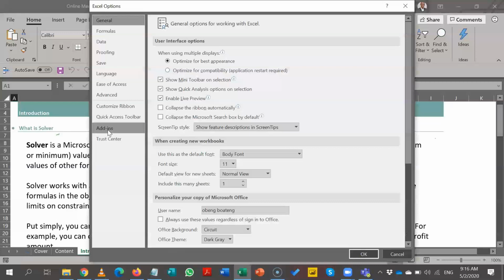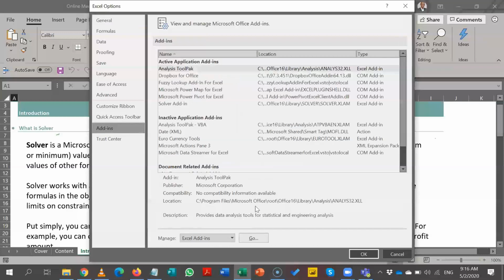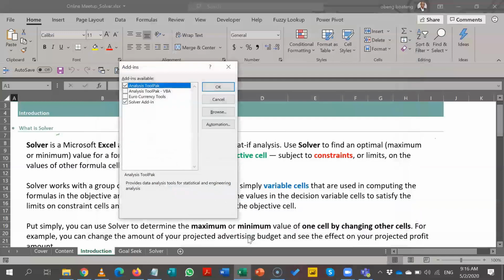So File, Options, Add-ins. When you click Add-ins, it will open this page, Excel Add-ins. You click Go, and then you check the box for Solver Add-in.